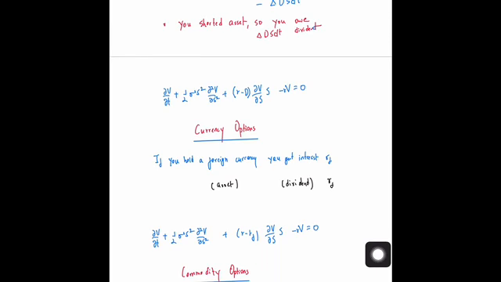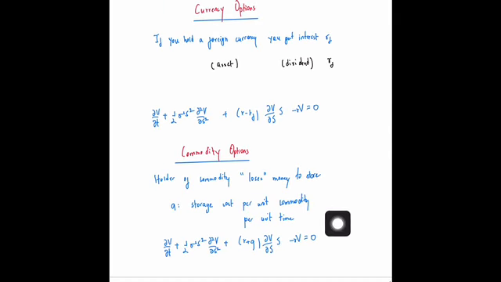Finally, if you consider commodity options, something different is happening. In the case of a commodity, the holder loses money because he has to pay money to store that particular commodity. This is unlike an asset paying dividends, where the holder of the asset gains money. Over here there is a loss of money.